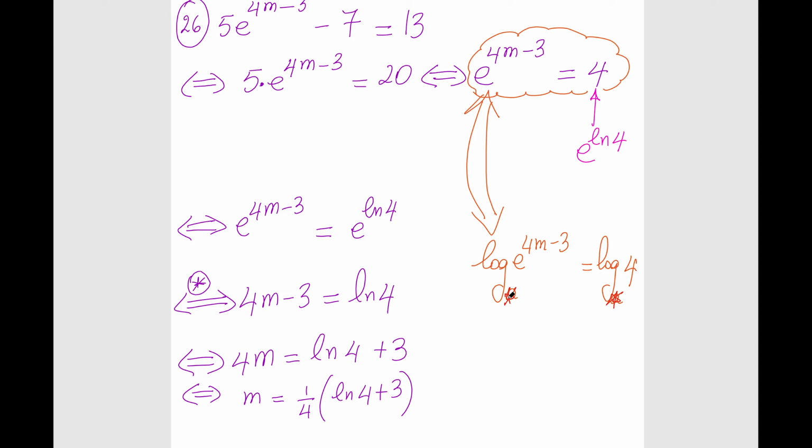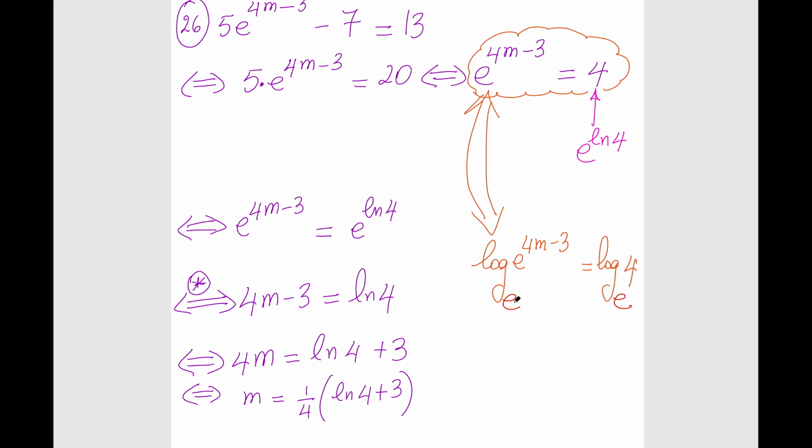So who should the base be? It should be the base e then, correct? So if you take the base e here, that would be a good choice. Even though I was allowed to choose any base I want as long as the base is positive and different than 1, I'm going to choose the base e so that they are back-to-back: log base e acting on an exponential function with the same base, no action anymore, and then the 4m minus 3 is free. Correct?